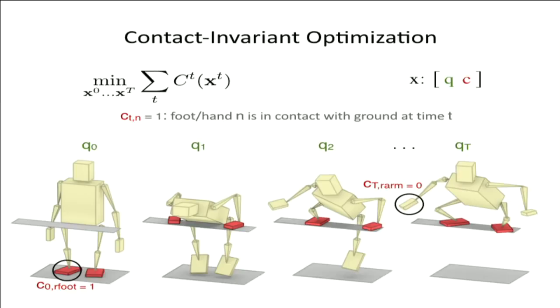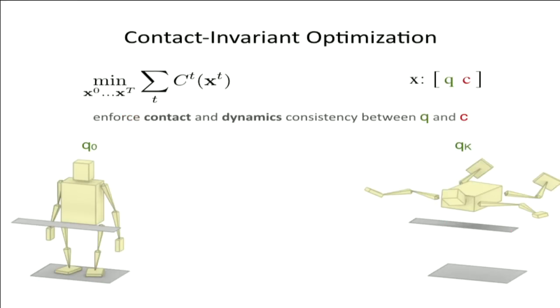So for example, for the right foot at time 0, you have a contact variable saying 1. Whereas at time t, say for the right arm in this pose, the contact activity variable is 0. But they're independent of your poses, or at least you're free to decide on these independently of the poses. And again, they're unknowns that you're deciding over.